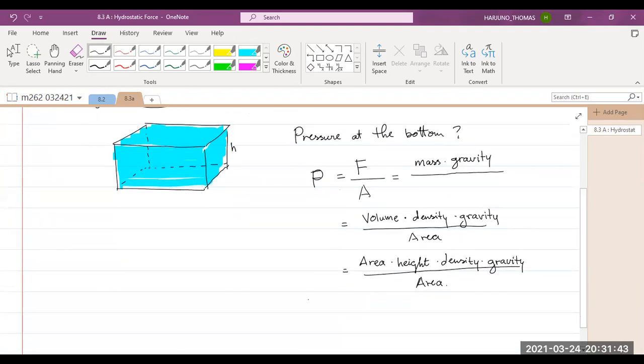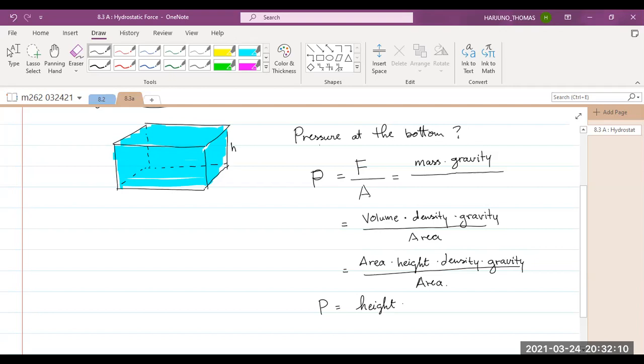Now you see that the pressure experienced by the bottom of this box due to the liquid, to the fluid that you put in there, is basically equal to the height, Thomas, times you have area twice. Repeat again. You have area twice. Is it? The area cancels. Oh, okay.